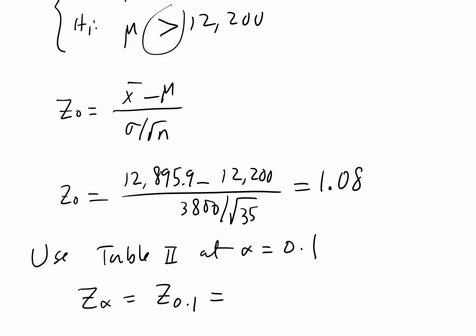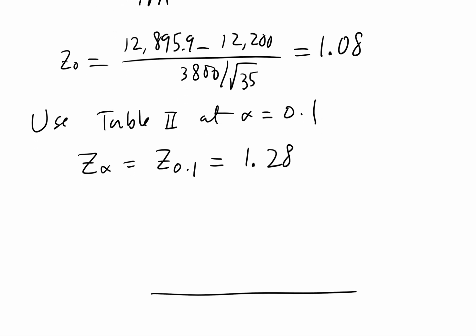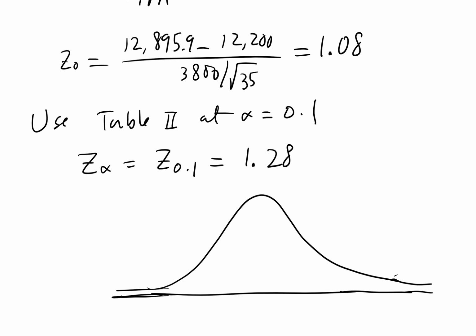The closest one I found is 1.28. After I find it, I draw the standard normal curve like this, because the sample size is 35. So by the central limit theorem, it should be approximately normally distributed.